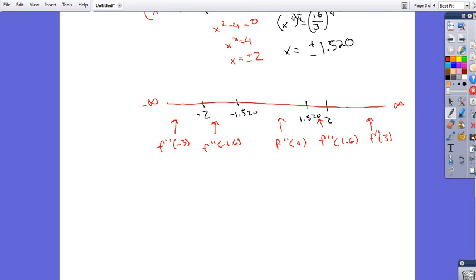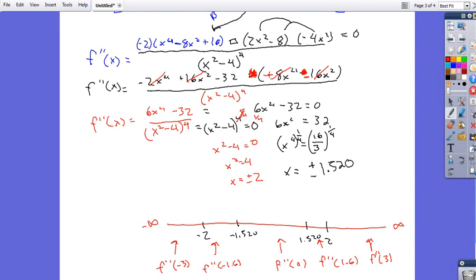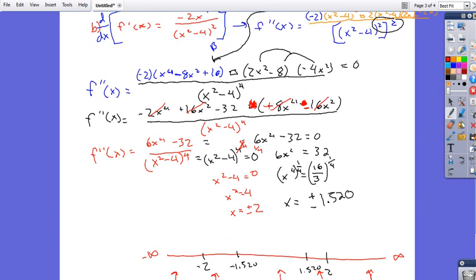Alright. Still have that sneaky suspicion. Alright, right here when I had negative 2x to the 4th power, for some reason my computer is messing up here.